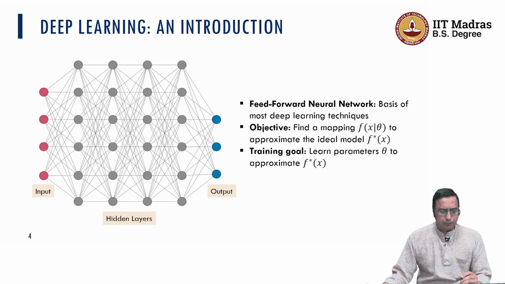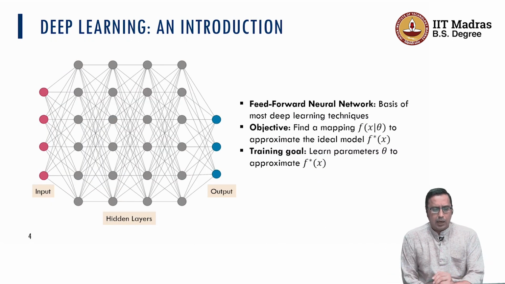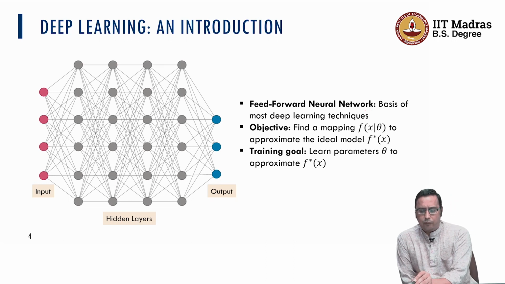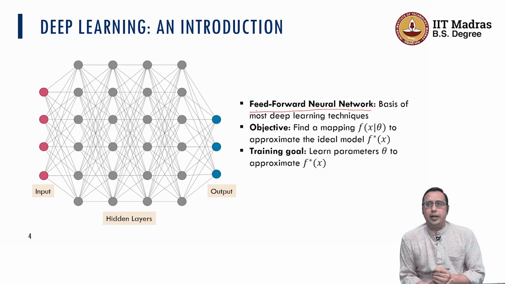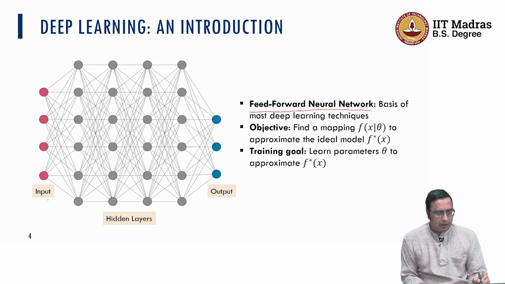In deep learning, models are typically feed-forward neural network models, which are kind of basic deep learning models. A typical neural network has an input, output, and hidden layers.